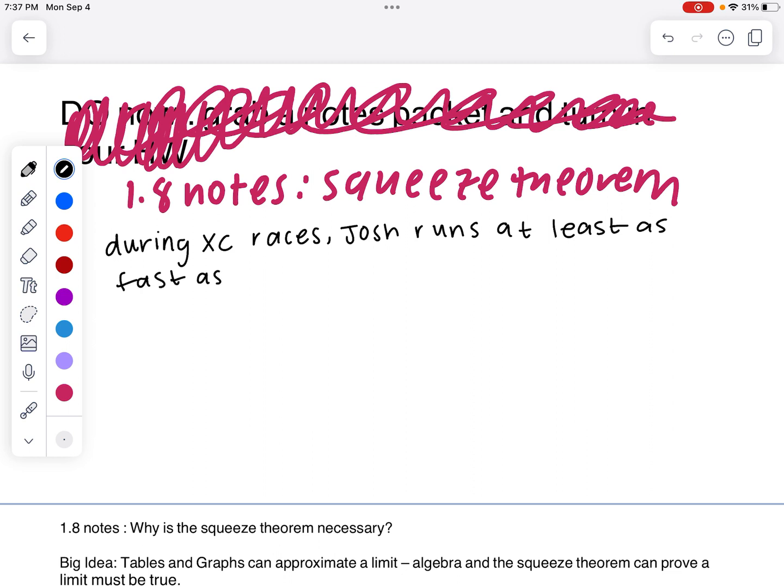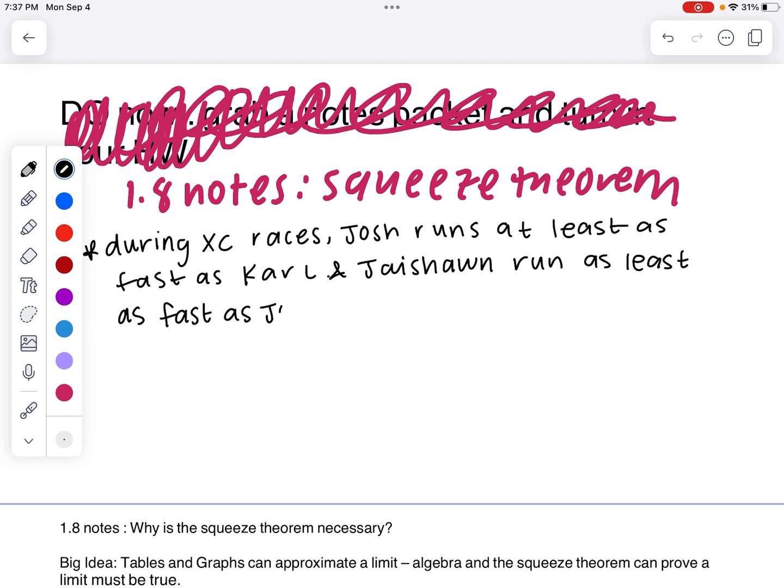So he's always going to run at least Carl's pace or above. And then say we have another student, let's call him Jay Sean. And Jay Sean is going to run at least as fast as Josh.